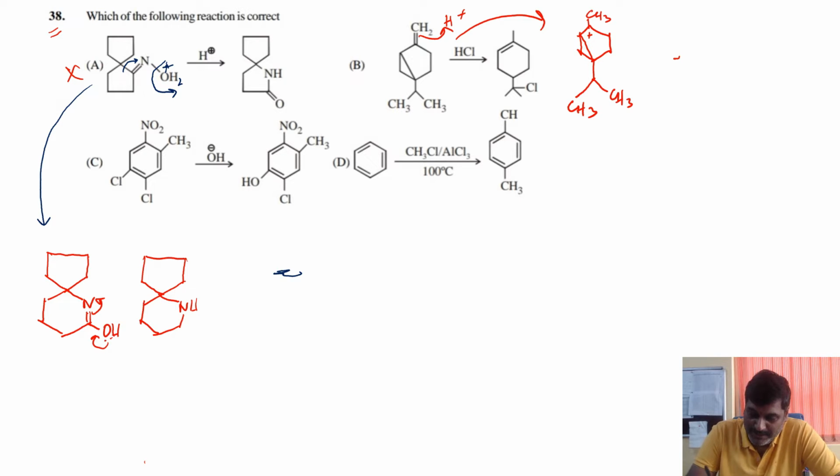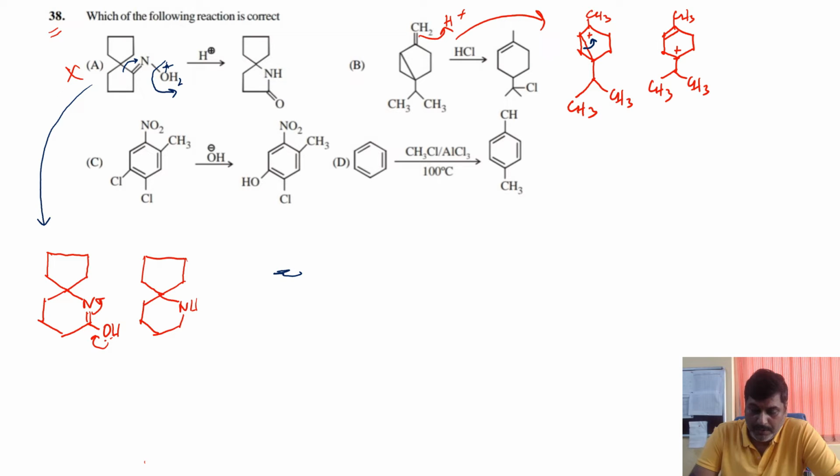This ring expansion takes place, and now you will find the structure a little different. Now the CH3 will be here, and the double bond comes here. As a result of this, the positive charge will come to this place. Here the CH3, and there the CH3, right?